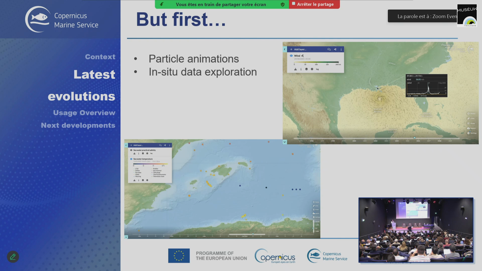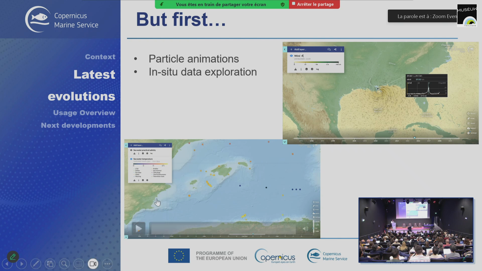As we see here, for example, we have the in situ that can be visualized. We can see the platform. We can see the values of the variables. We have the vectors for everything that is a directional variable. Well, now with the new version released last week, we also have particular animations, so we can see on the right, for example, the Katrina hurricane.